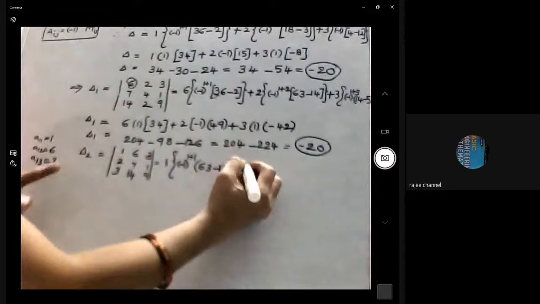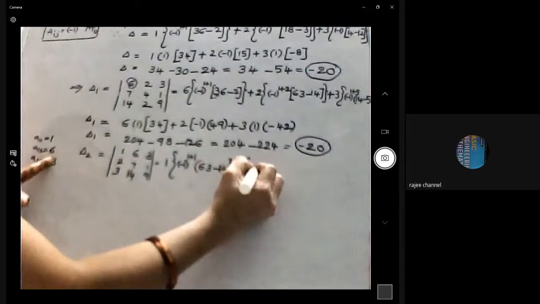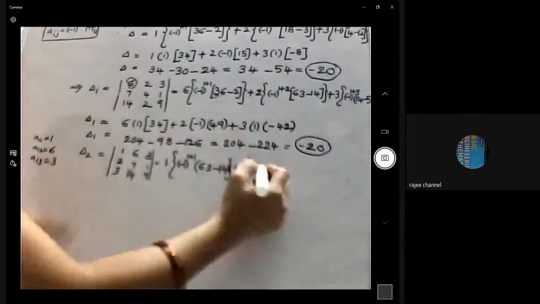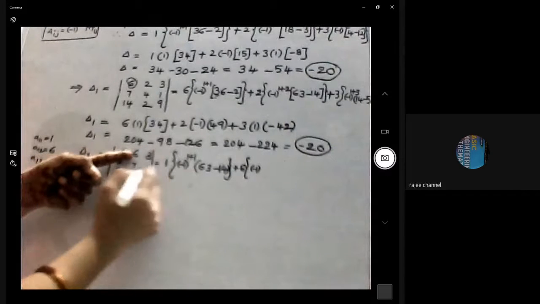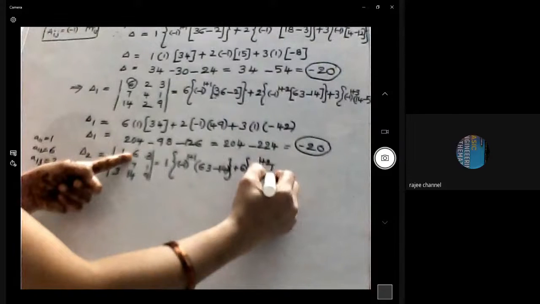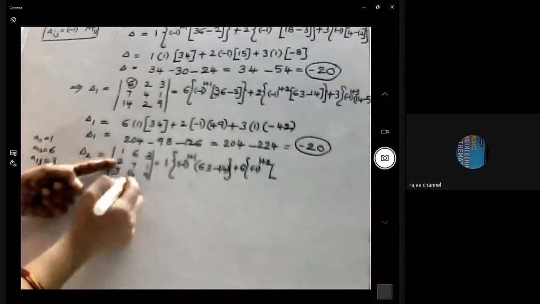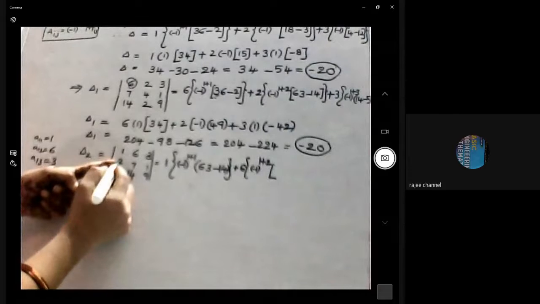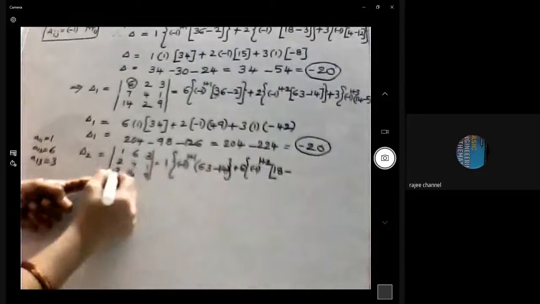Next, A12 is equal to 6 into minus 1 whole to the power of, here this term 6 is in the first row and second column. Removing the first row and second column, the remaining determinant is 2 9s 18 minus 1 into 3.